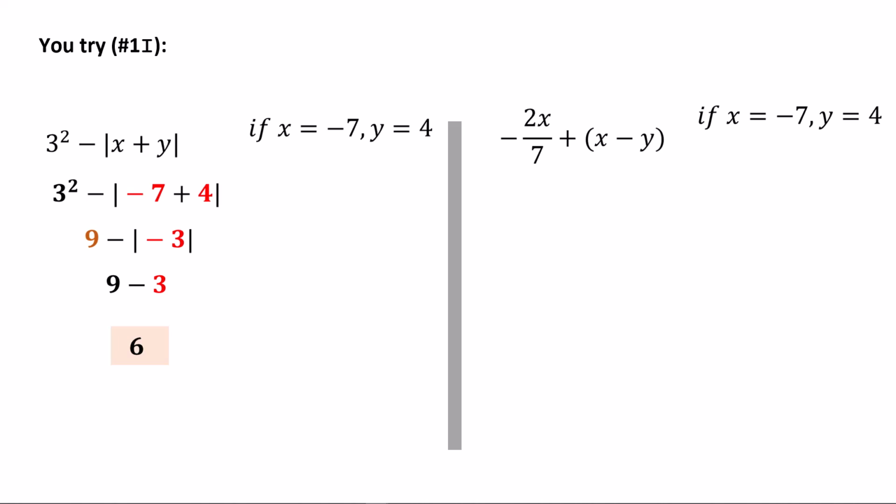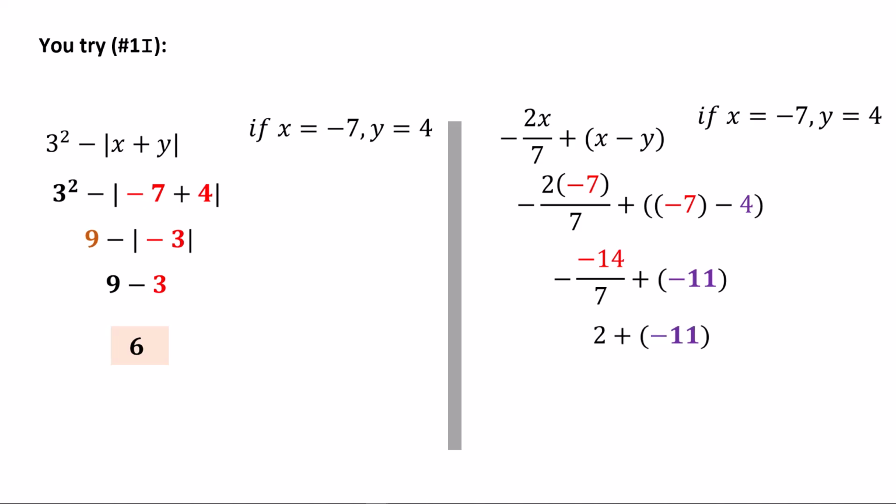Over here on the right, we have -2x over 7 plus parentheses x minus y. X is replaced by -7, y is replaced by 4, and so now we get the negative of 2 times -7 over 7 plus -7 minus 4. 2 times -7 is -14. -14 over 7 is -2.